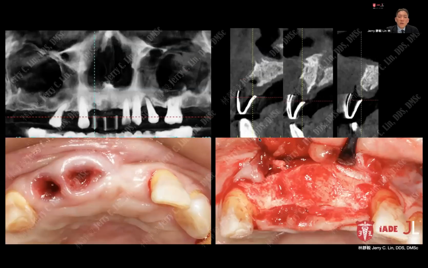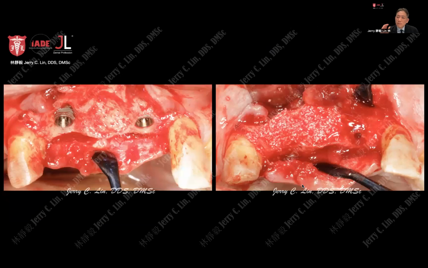So in order to build up the aesthetics, we extract those two teeth. There's buccal and lingual bone loss, and there's buccal dehiscence all the way to the apex. And of course, we reflect the flap, and the implant will be placed in the correct prosthetic position. We want to keep the implant at the correct position with a three-dimensional implant placement protocol.